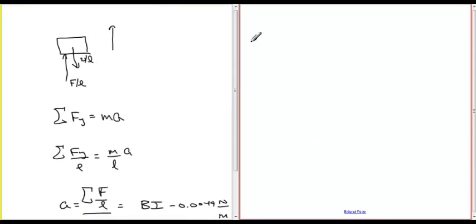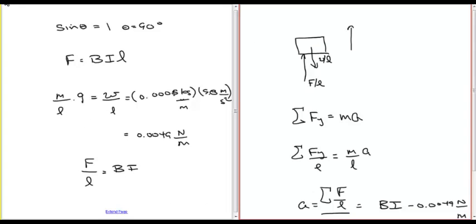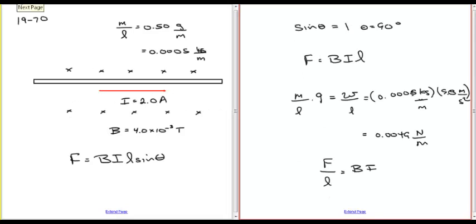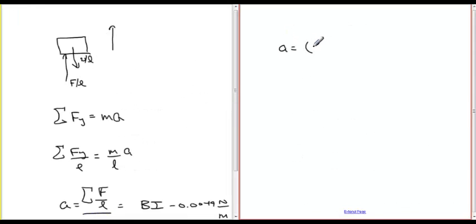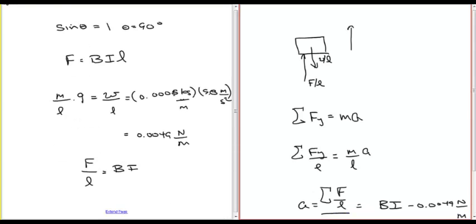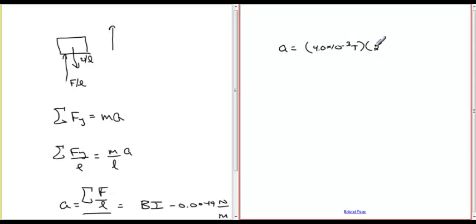We have the magnetic field strength, 4 times 10 to the minus 3 tesla, times the current, which was 2 amps, and in the negative y direction, 0.0049 newtons per meter.